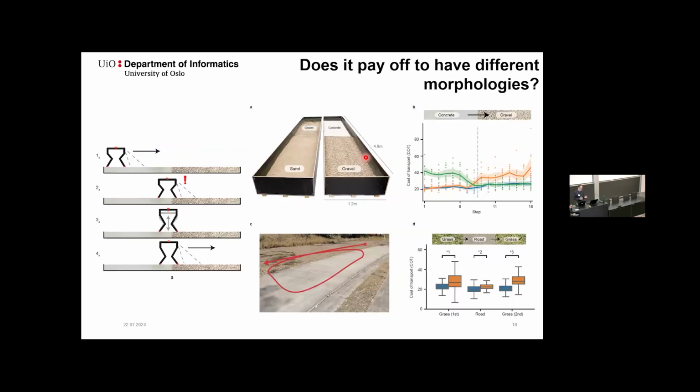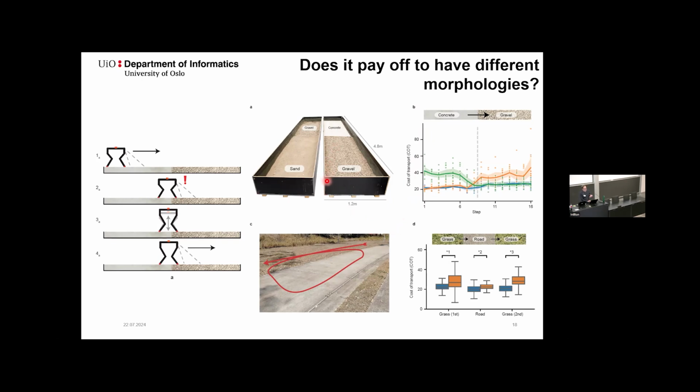But also one thing that Tønnes wanted to show was that it is actually useful to have different morphologies, because now we could observe that different morphologies appear for different conditions, but it's maybe not given that it's better to have different morphologies and to have this adaptation instead of having just a general morphology that's an all-rounder.